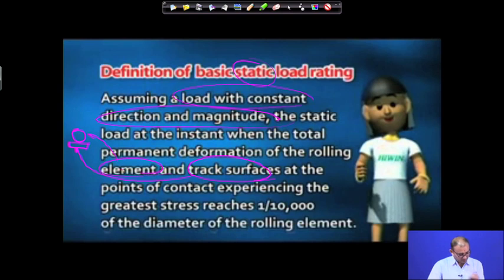If there is wear of the rolling element, then again there is wear of that part. The track surface at any point of contact experiencing the greatest stress reaches 1 of 10,000 of the diameter of the rolling element. So, whatever the diameter is, the greatest stress should not reach that location. That is the basic static load rating.